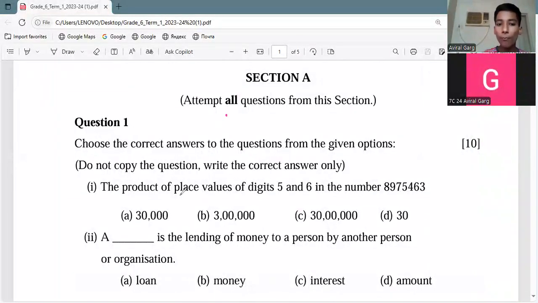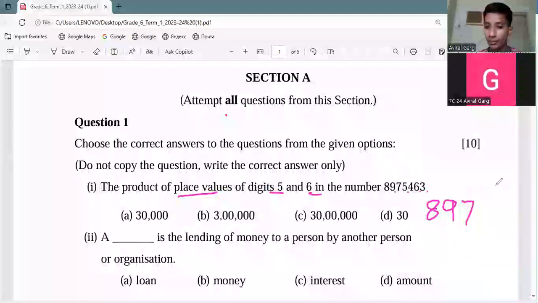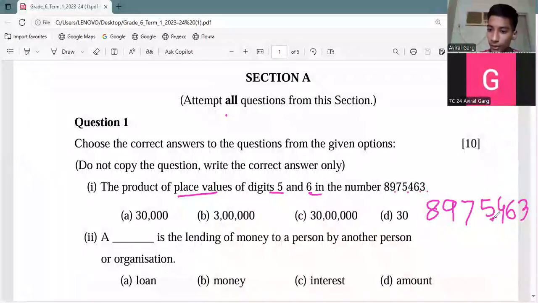The product of place values of digit 5 and 6 in the number 8975463. First of all, we would start putting commas in that number according to the Indian numeral system. After 3 numbers, then after 2 numbers.